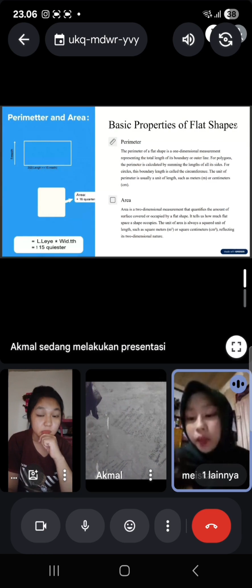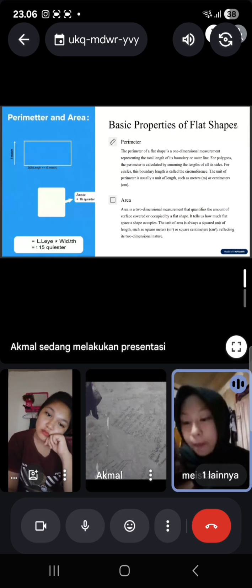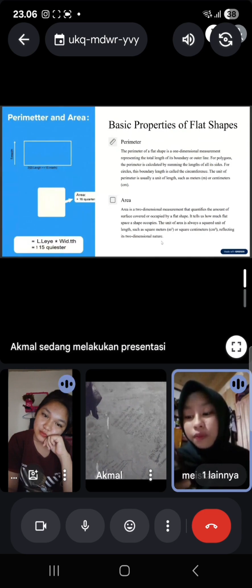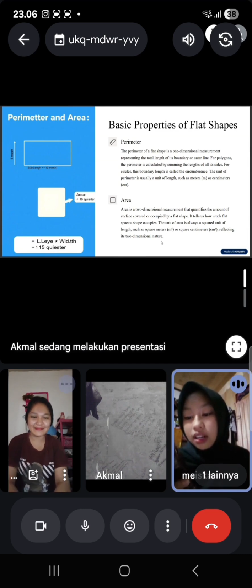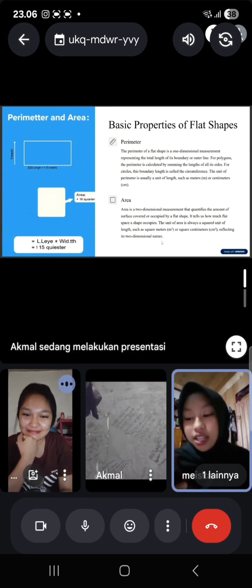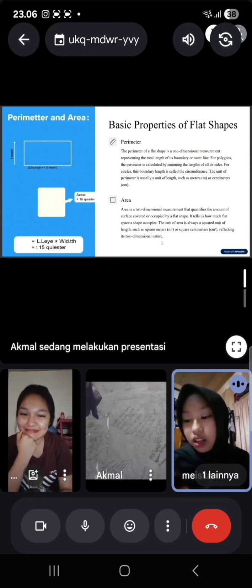For polygons, the perimeter is calculated by summing the lengths of all its sides. For circles, this boundary length is called the circumference. The unit of perimeter is usually a unit of length, such as meter or centimeter.